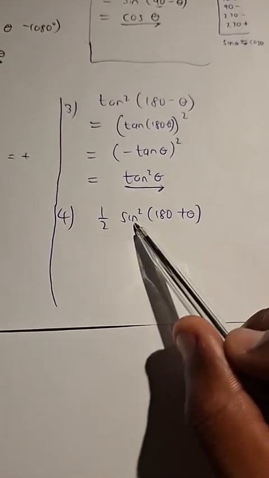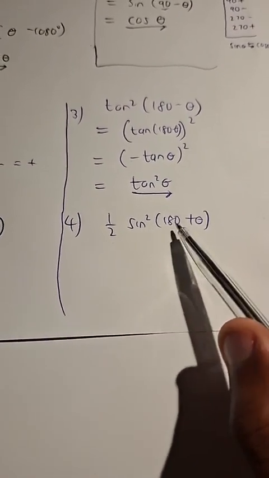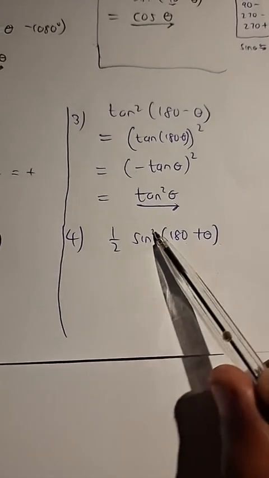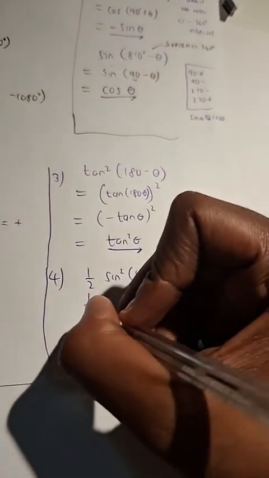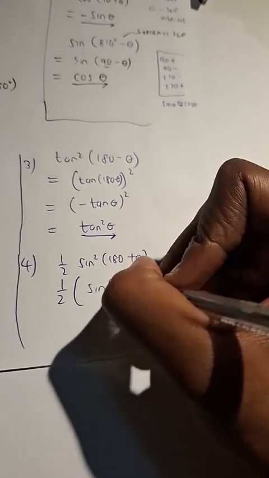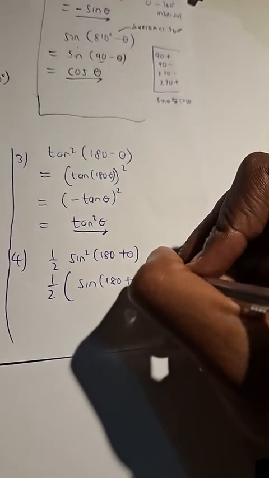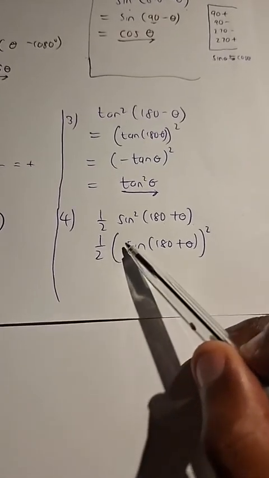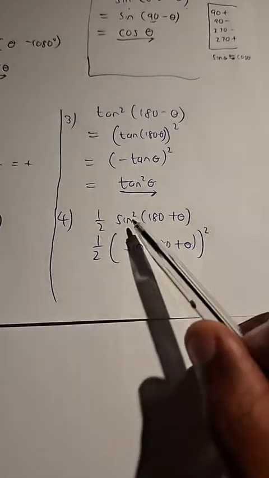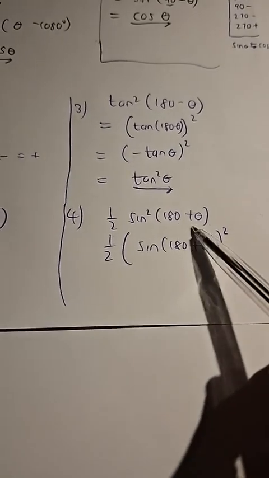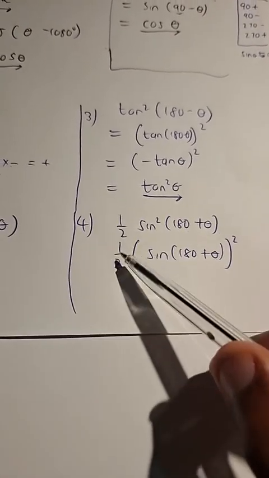Half of sine squared 180 plus theta. So once again, we have a square. So what we do is we square the trig ratio. Please, guys, take note of what I've just done. I did not take the half and put it inside and square it, because this square applies to the trig ratio alone, not the coefficient half.